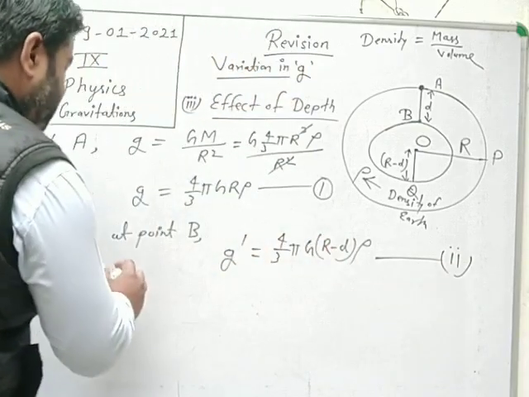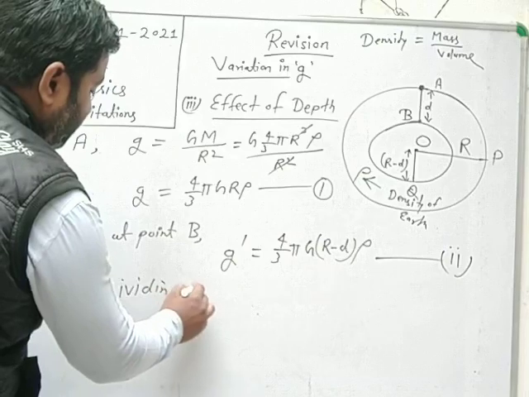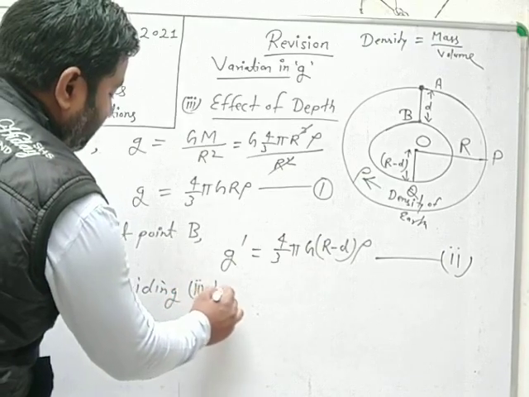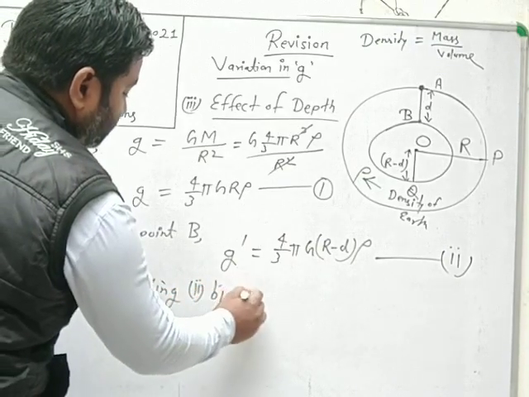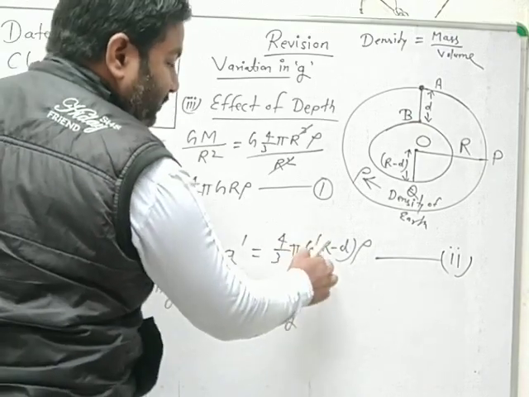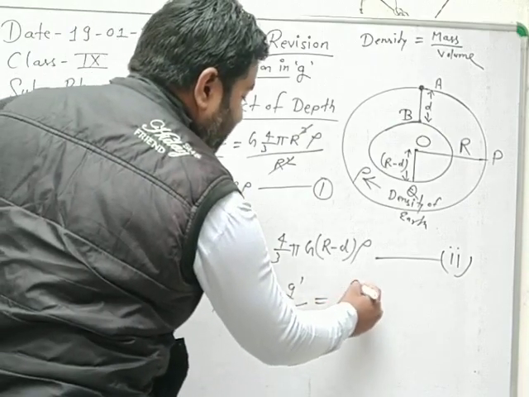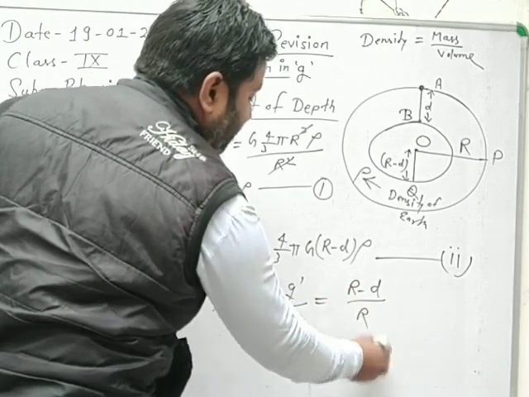So dividing second by first, g dash upon g, the terms cancel out, only r minus d upon r remains.